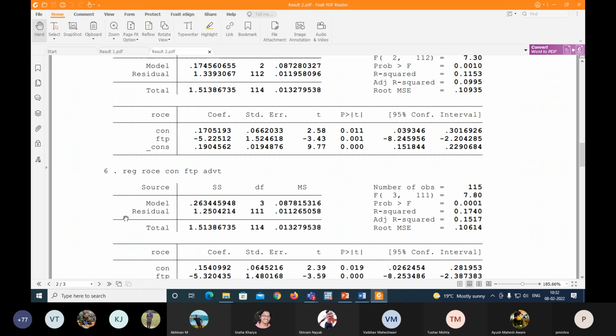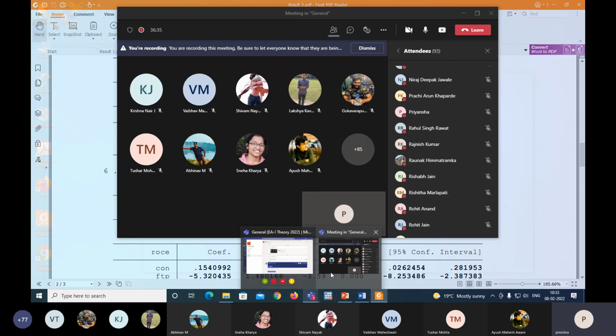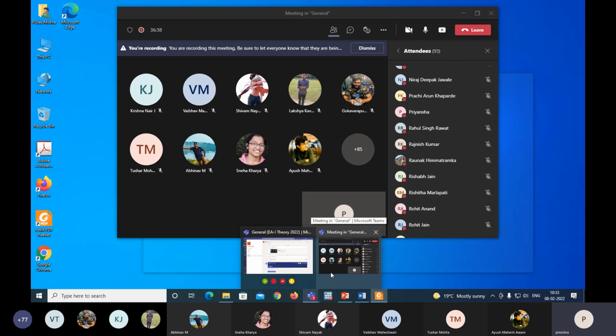So take some time, maybe 5 minutes, and I would like to get a reply from you all on how the results differ depending on the change in the independent variable or variables. So I'll stop here for a few minutes and I would like to have an answer from you all.